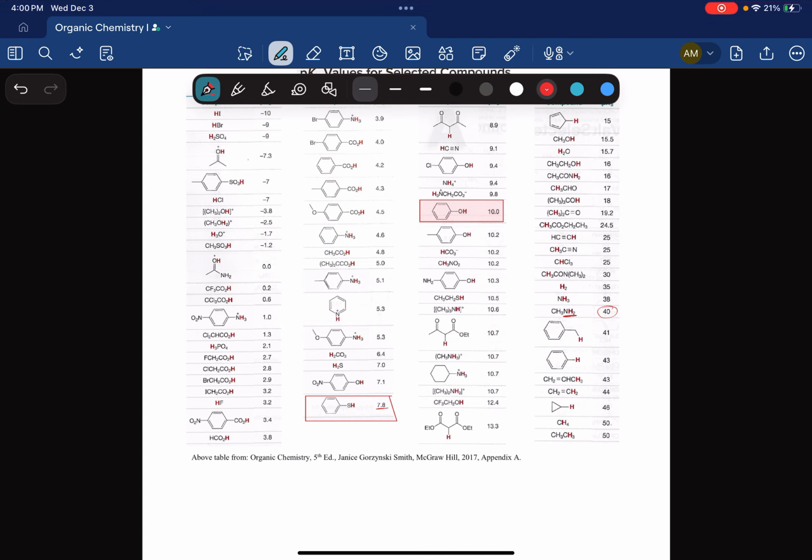If you were to take a hydrogen off of an NH2, you now just have NH, which is going to be a negative. A benzene ring is so stable, it is not going to want the negativity put onto it from an NH group. So you need something that's highly electronegative, that's going to polarize and take away that negative charge from the benzene ring.